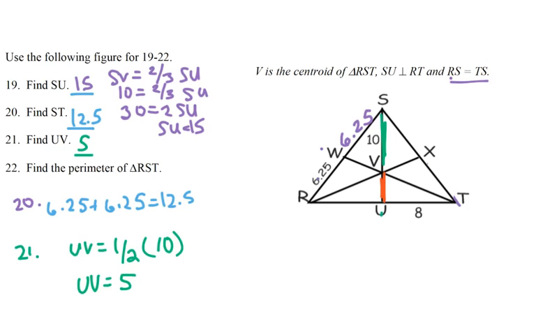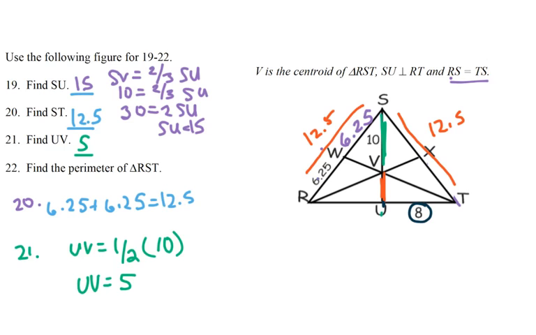Alright, it says find the perimeter of triangle RST. We discovered in number 20 that this side is 12.5, and this side is 12.5 also. So what I have to do is discover the bottom. Remember that centroids are medians, which cut these lines into 2 equal pieces.